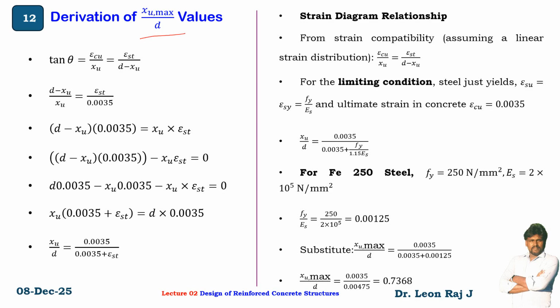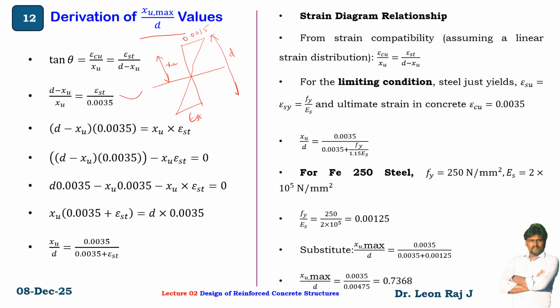So you know the strain distribution. Here you can see this is Xu and this is the total depth D. So D minus Xu, and this is 0.0035 and this is strain in steel.